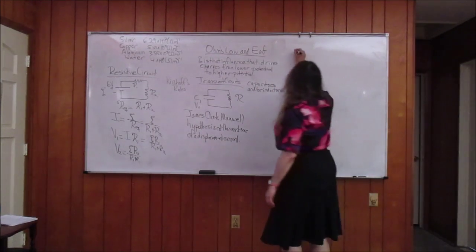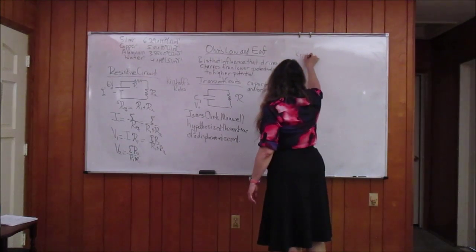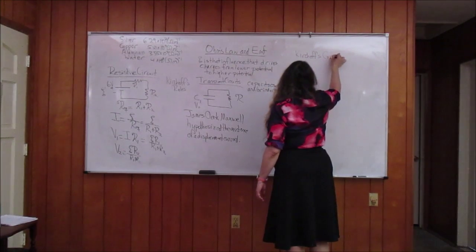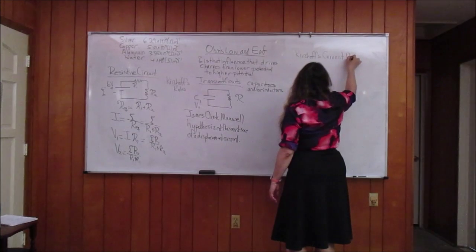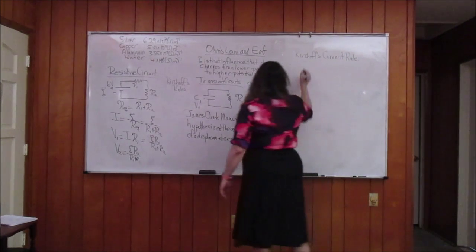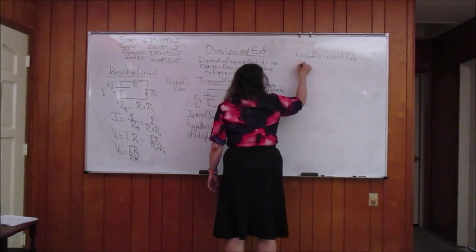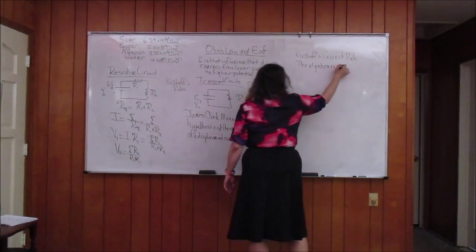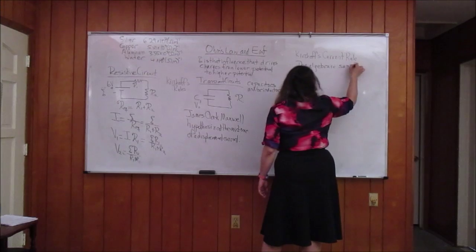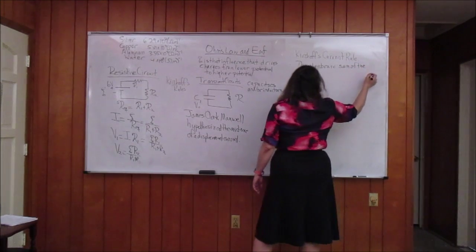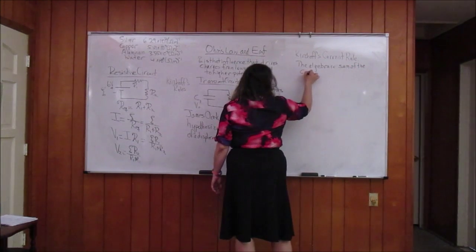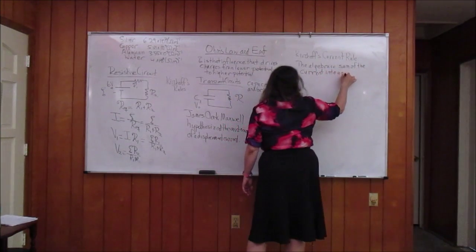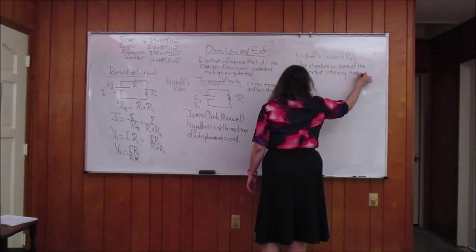There are two rules: Kirchhoff's current rule, which tells you that the algebraic sum of the current into any node must vanish.